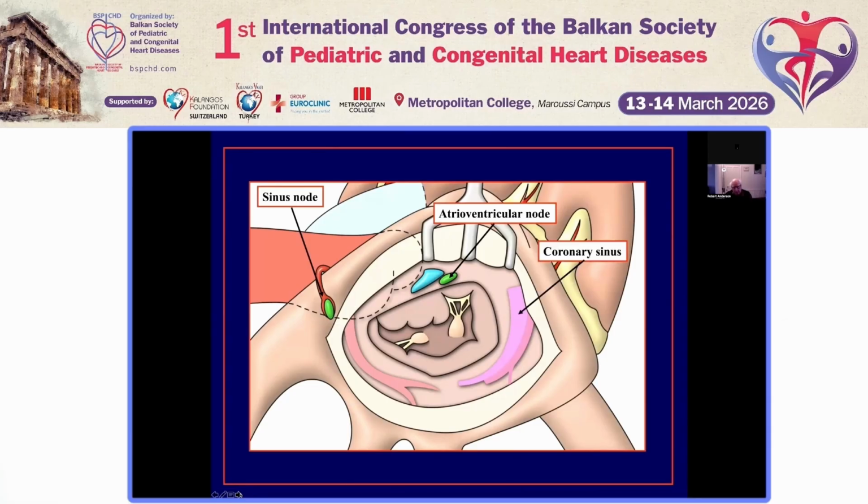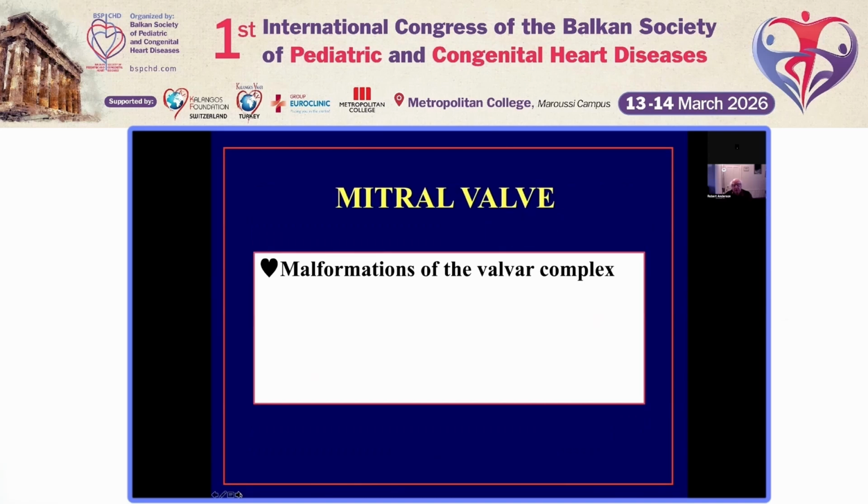But then, running around the mural junction, we have the coronary sinus, in this instance shown in company with the dominant right coronary artery. But don't forget the significance of the circumflex artery, because when it is dominant, it is going to be much closer to the mural atrioventricular junction. So there we have the relationships.